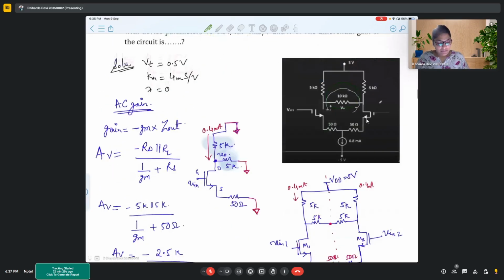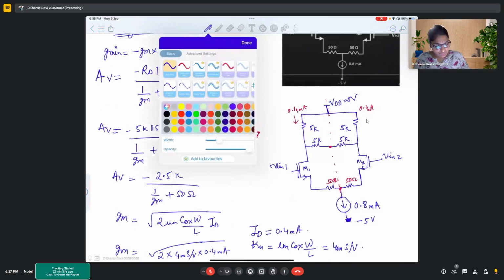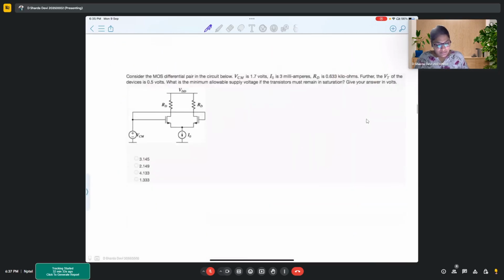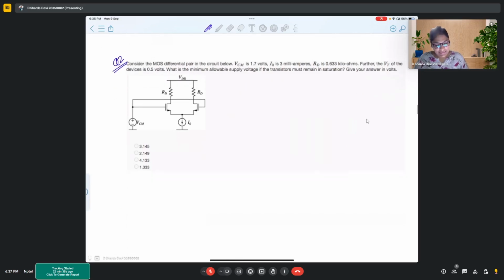Now let's move on to the next problem. As you can see, again there is a differential pair where the input VCM is applied.